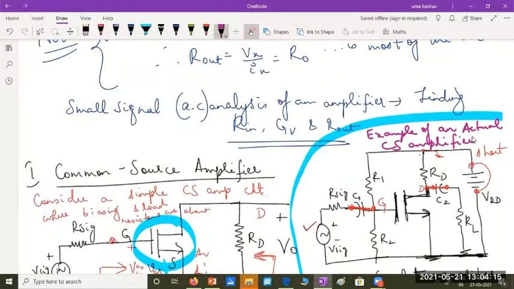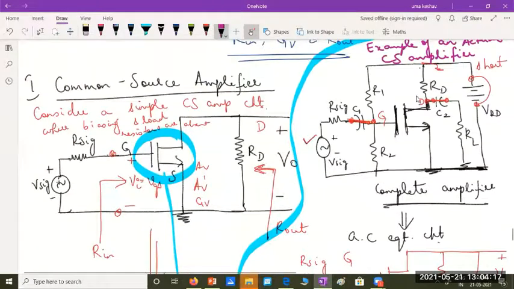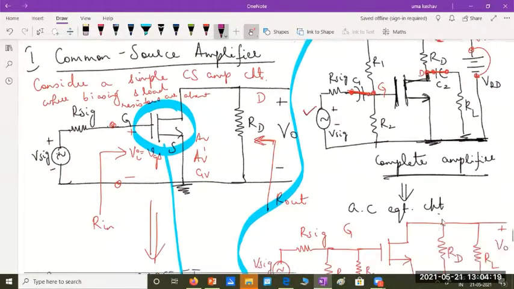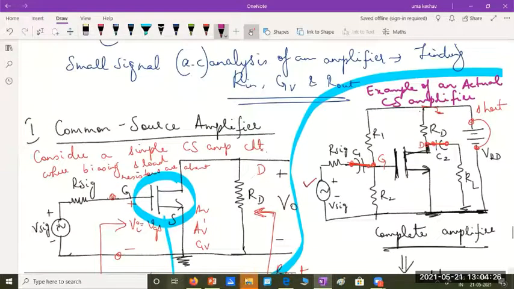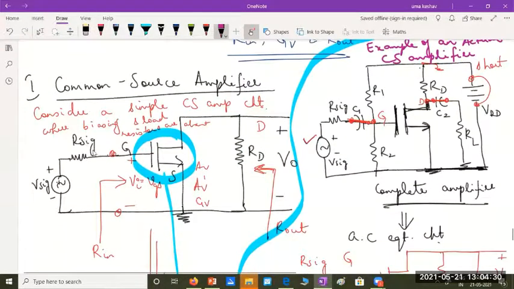CS means common source. So if an actual amplifier was given, its AC equivalent circuit could be written like this. It would look like this. But here we have simplified our analysis by simply avoiding the biasing resistors and the coupling capacitors and load resistance and all. We have a very simple circuit here.